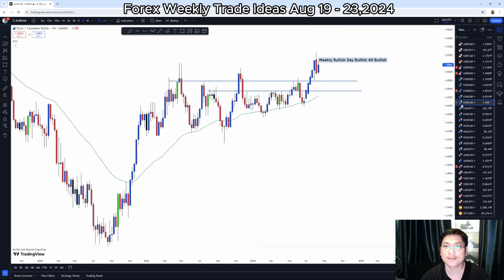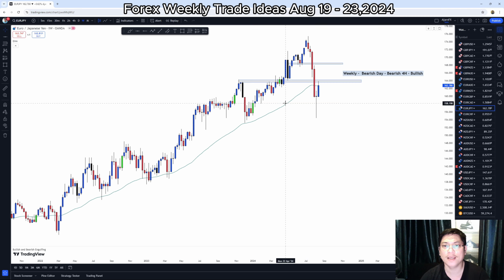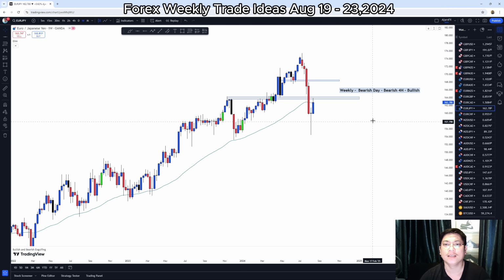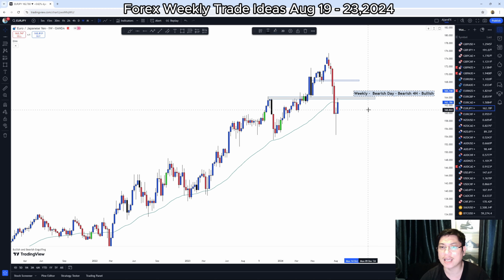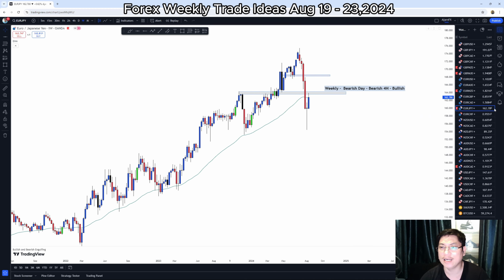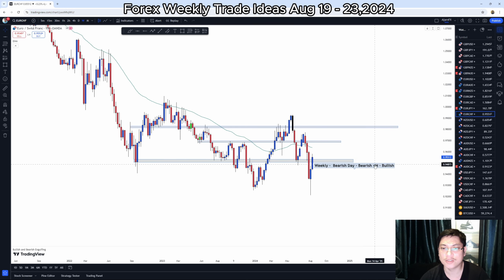EUR CAD, not yet ready as well. EUR JPY, this is a good one to sell for me, but later on, when we go to the lower time frame, we'll see if it's good to sell based on the formation here on the daily.